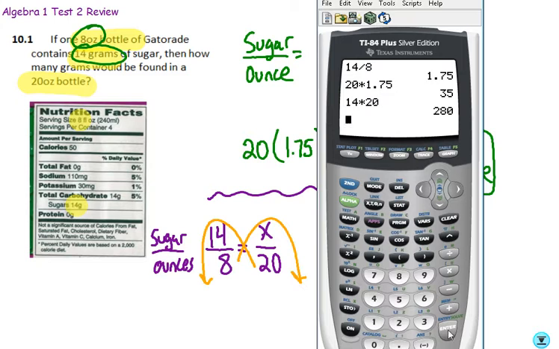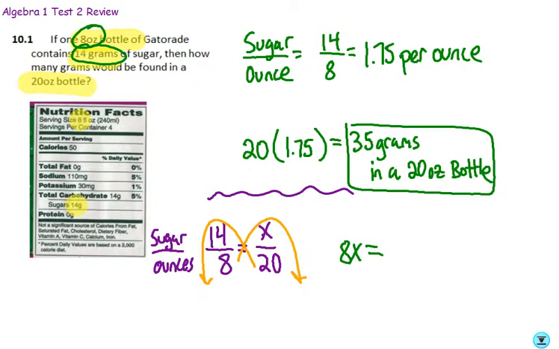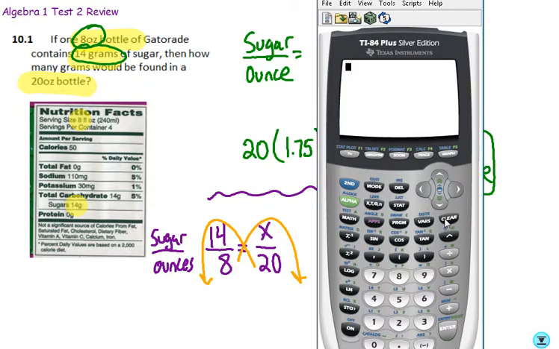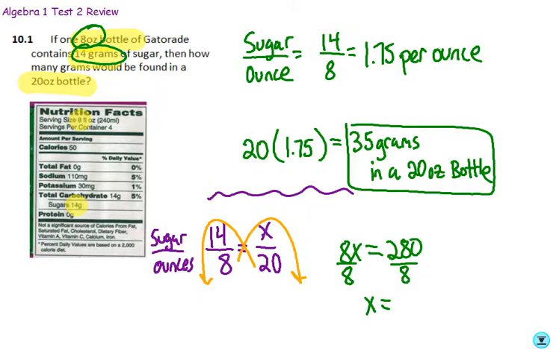So I've got 8x equals 280, and then divide both sides by 8. 280 divided by 8 would give me 35, which shouldn't be a surprise because we just said there's 35 there. So 35 grams.